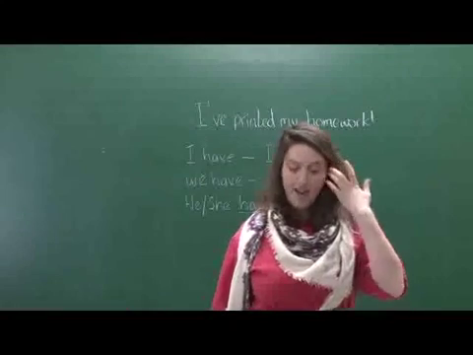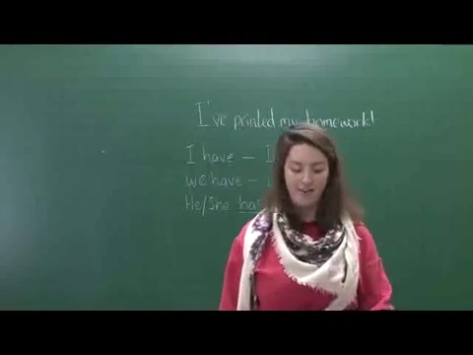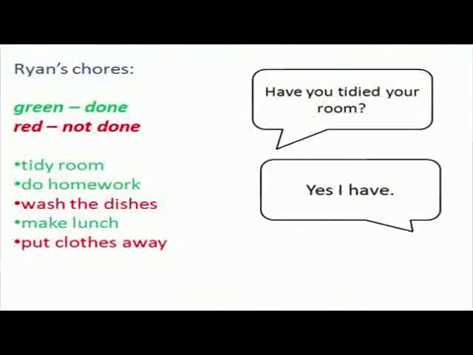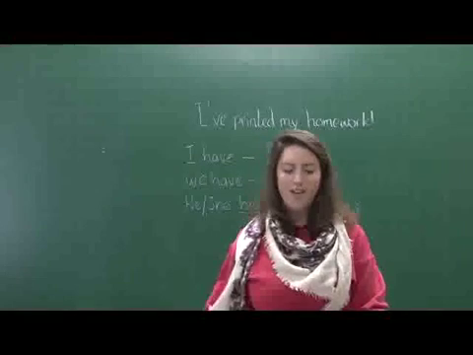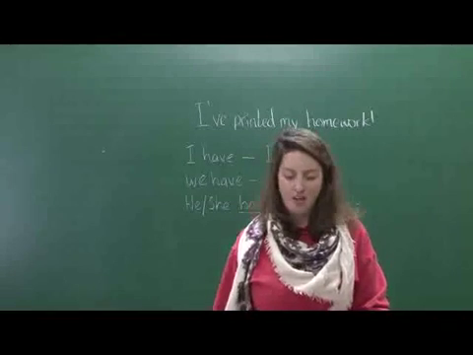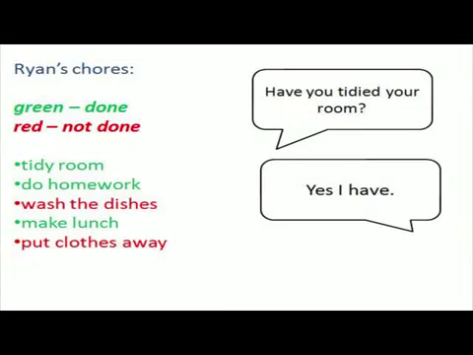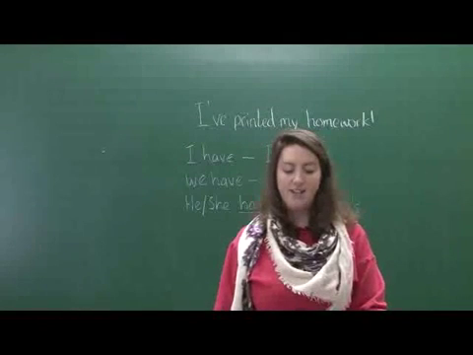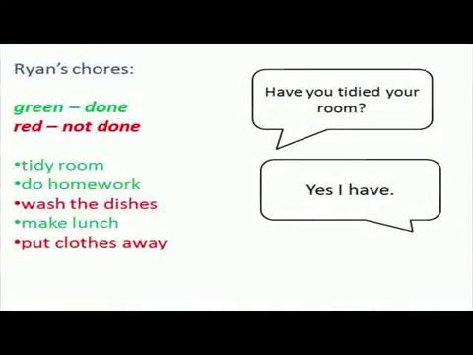So let's ask the questions and answer them using the present perfect. So the first one is tidy room, and it's in green. So it's done. So let's start with asking the question, have you tidied your room? He has, so his answer would be, yes, I have.